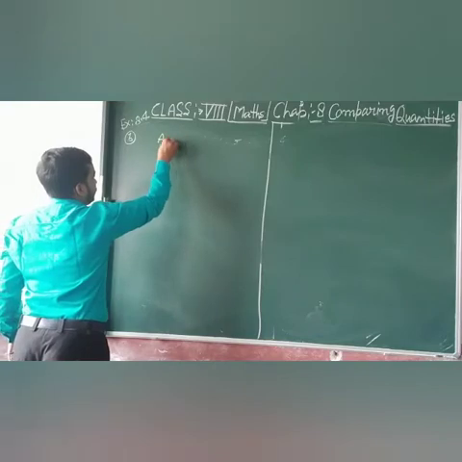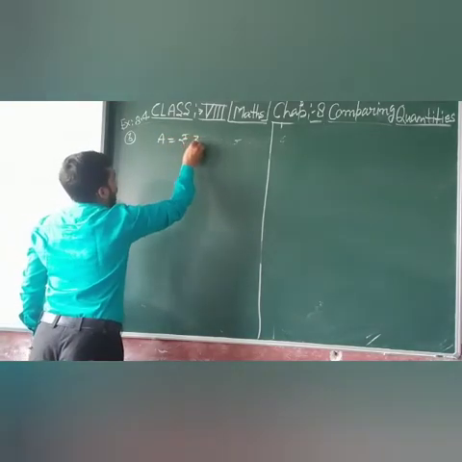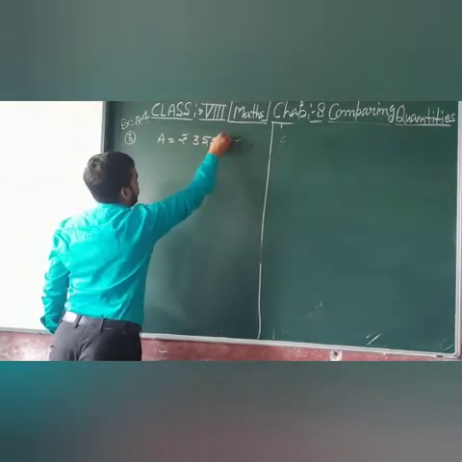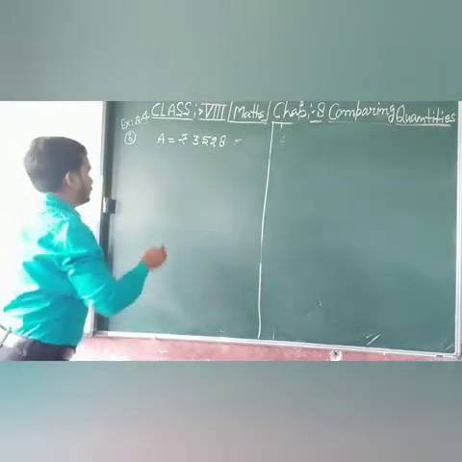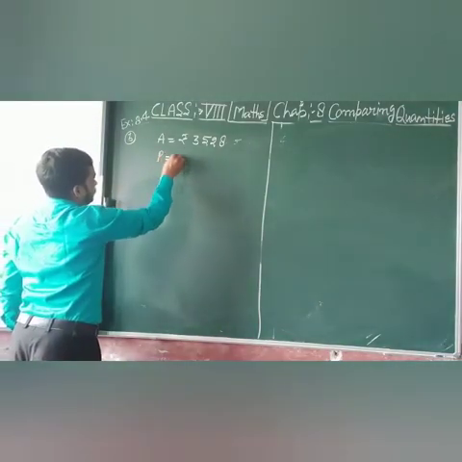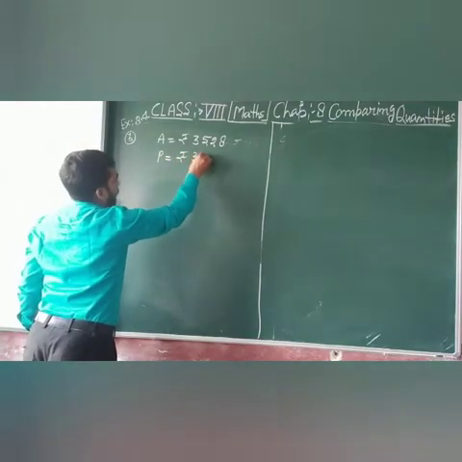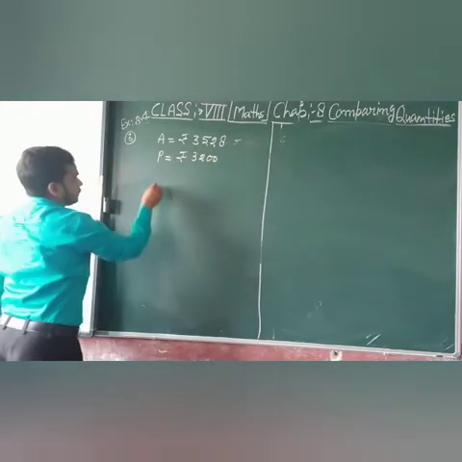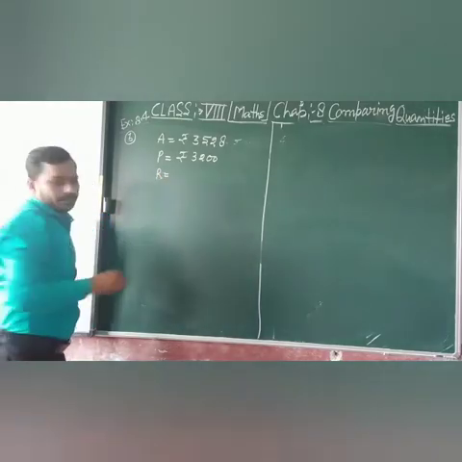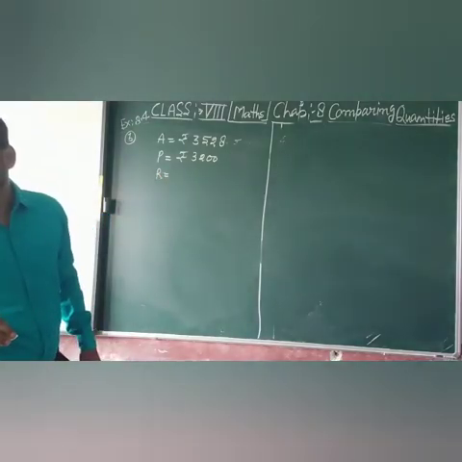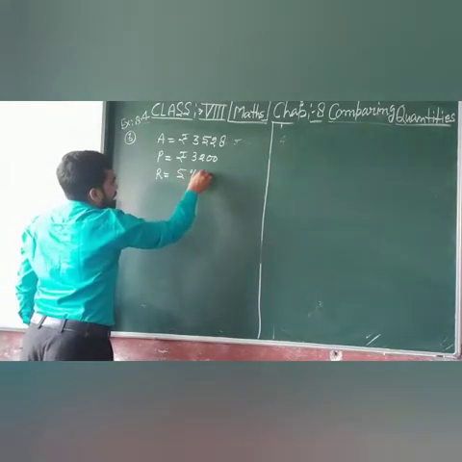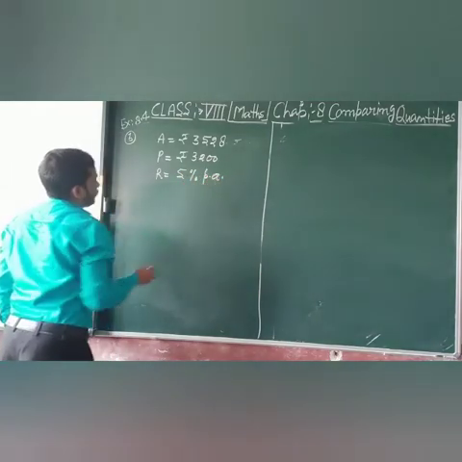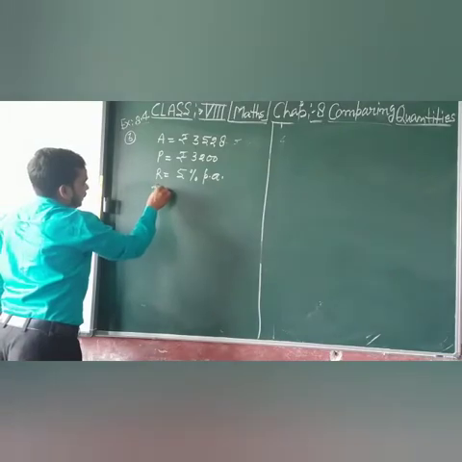Amount equals 3,528, principal equals 3,200, and rate of interest equals 5% per annum compounded annually. Find the time, that means find n.